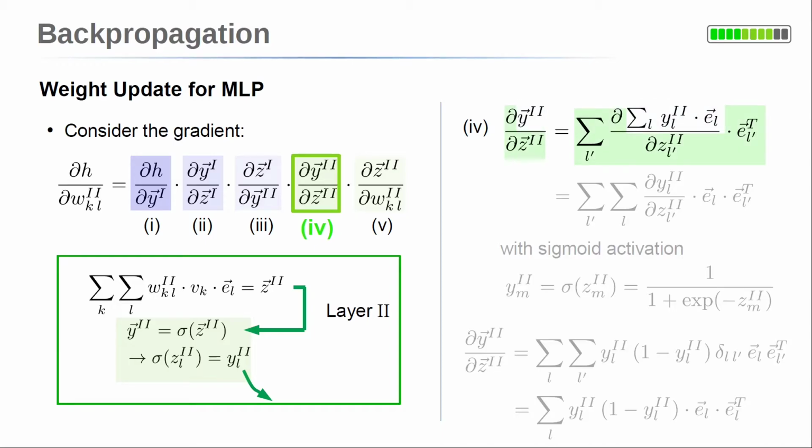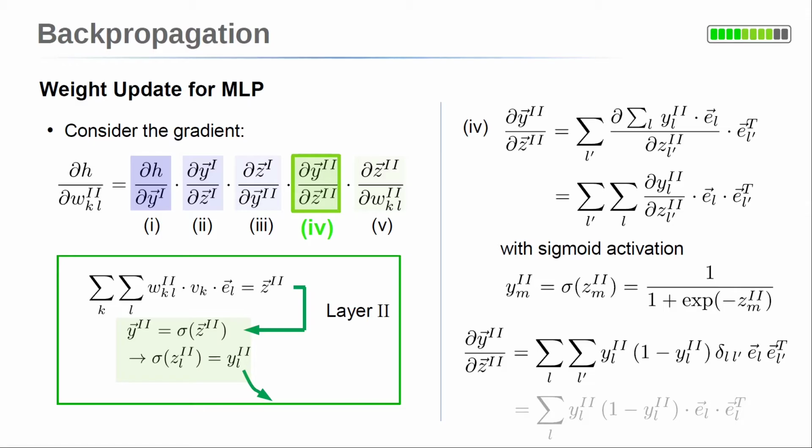The gradient is expressed as a row vector by using summation of the neurons as components with a unit vector transpose. The summations are placed in front. This gives the sum over L and L' of the partial derivative of y_L of layer 2 with respect to v_L' of layer 2 times the unit vector e_L times the unit vector e_L' transpose.